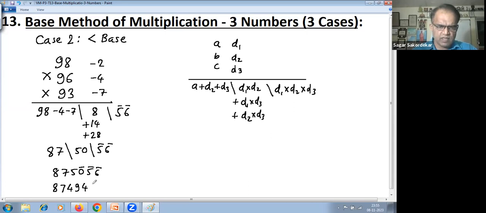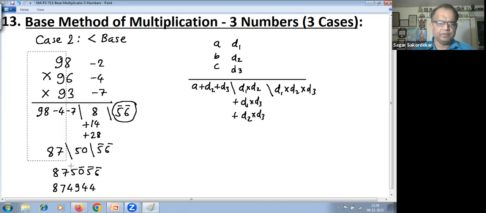And last from 10. 10 minus 6 is 4. 8, 7, 4, 9, 4, 4. So same steps, only difference here will be all difference is negative, and very important is this part here will be negative. So when case 2, less than base, all three numbers less than base, this will be positive and this will be negative. Let's take one more example under this category.